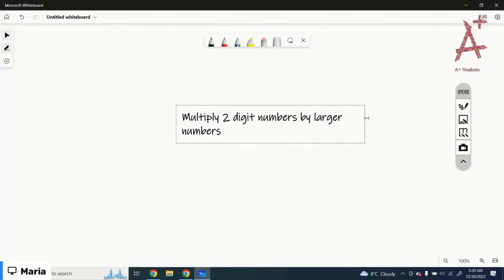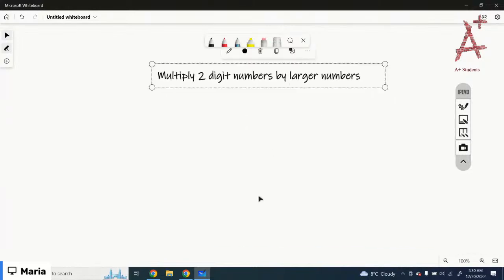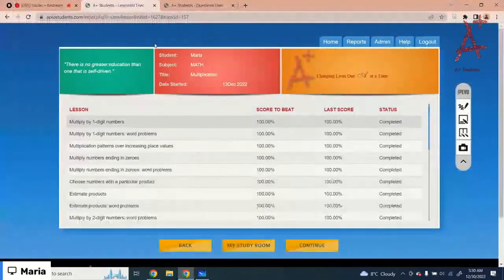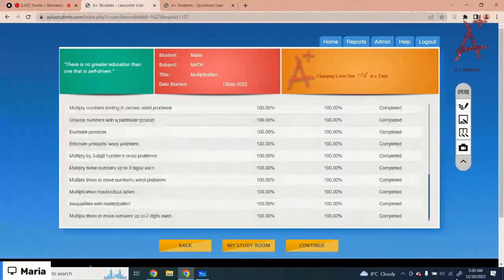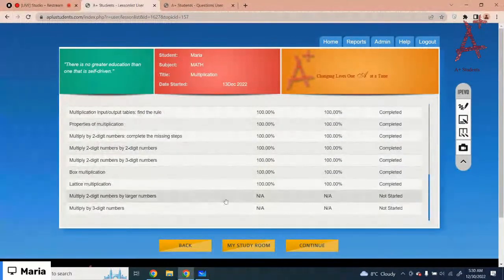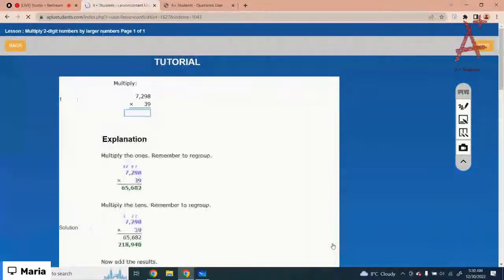Okay, let's just start with the next lesson. Here is the lesson, multiply two-digit numbers by larger numbers.